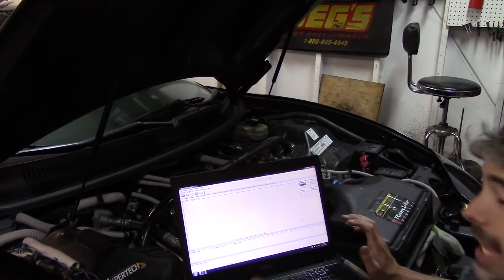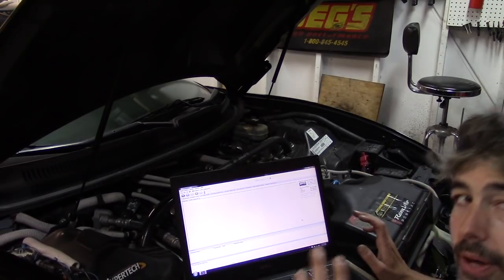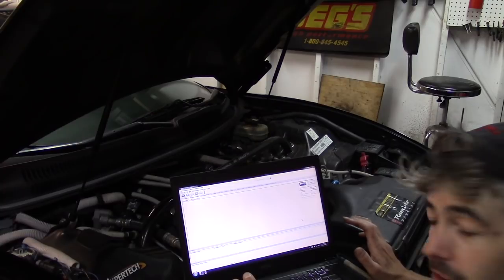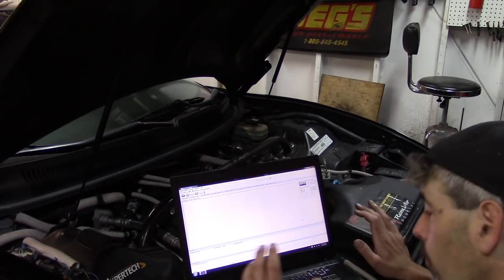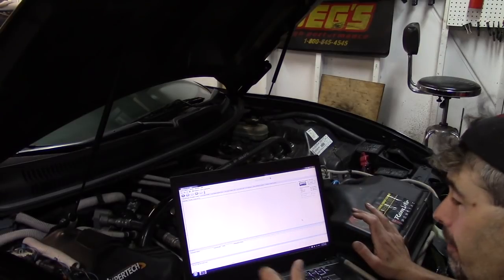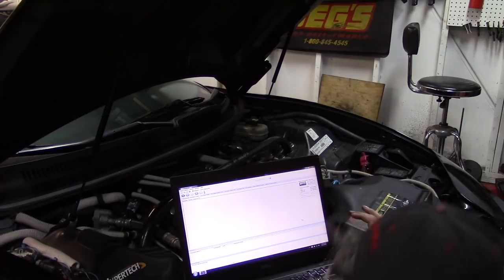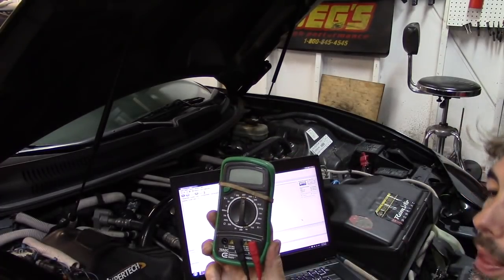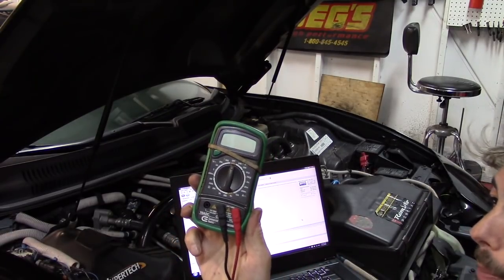As I mentioned at the beginning of this series, you are not going to be able to do a comprehensive MAF sensor diagnosis on a digital sensor unless you have either a scan tool, an oscilloscope, or a rather advanced DVOM, not like the one that I own, with a frequency measurement capability.